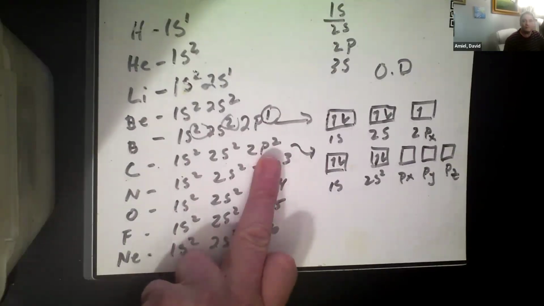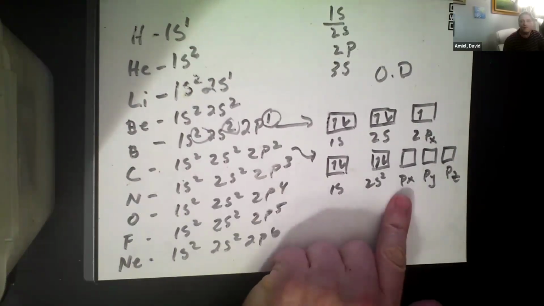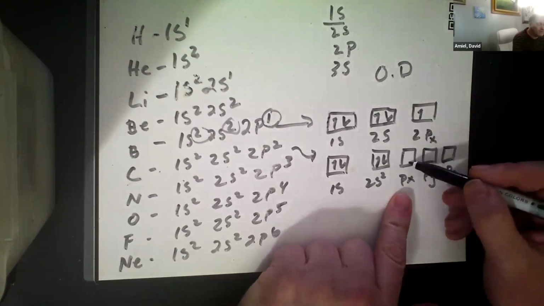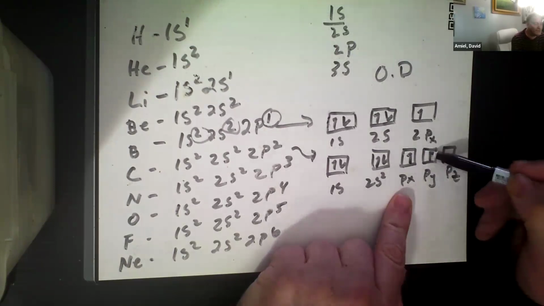And now we have a choice here with 2 electrons in the p orbital. We could either put both of them in the px, which would be spin up and spin down, or we can put one in the px, and the second one in the py.